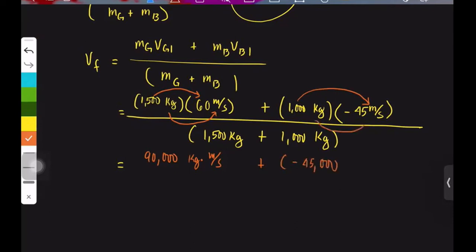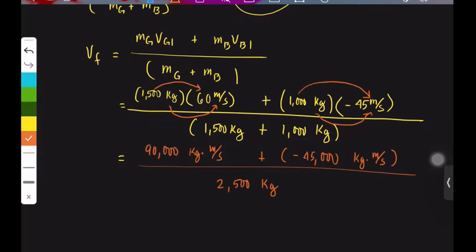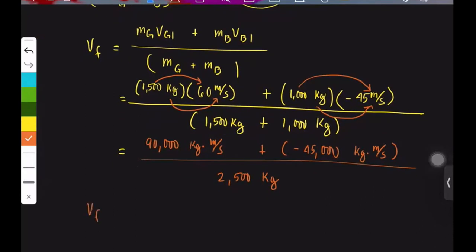Then kilogram times meter per second, divided by the denominator, 1,500 plus 1,000, that will give you 2,500 kilograms. So in this case, you do the operation now on the numerator. So you have 90,000 kilogram times meter per second.